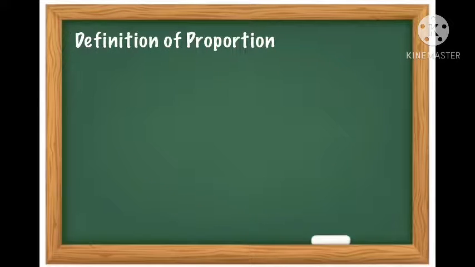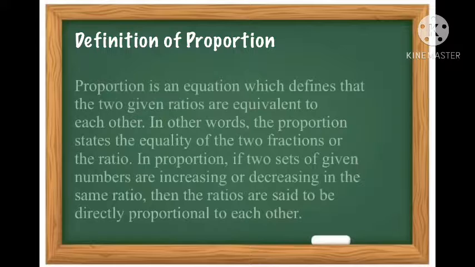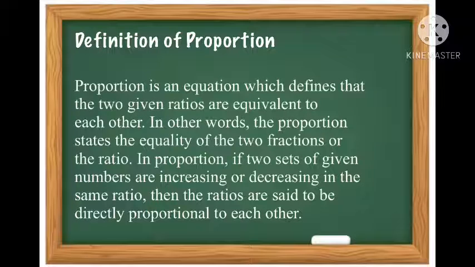Definition of proportion. Proportion is an equation which defines that the two given ratios are equivalent to each other. In other words, the proportion states the equality of the two fractions or ratios.